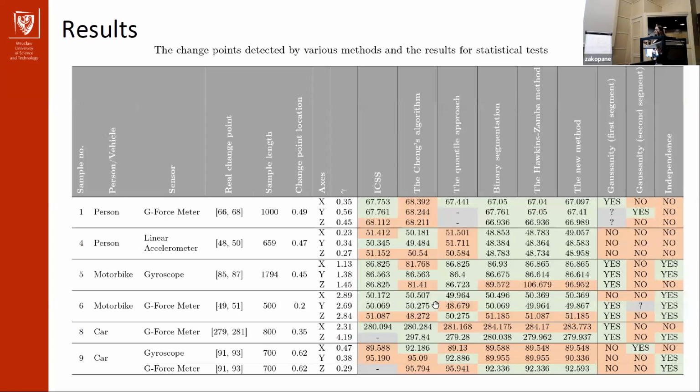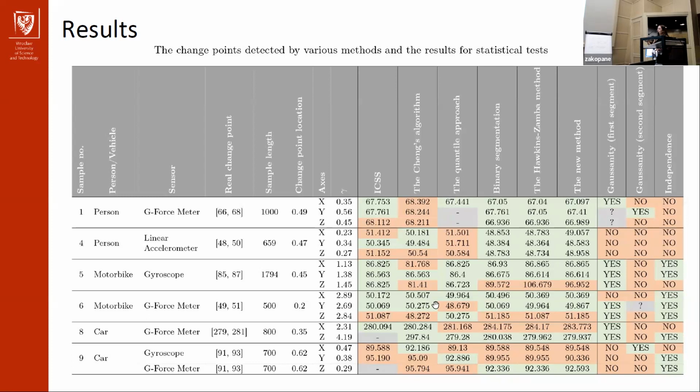Okay, and on the slide you can see the results for some samples. In the first part of this table, we have information about our samples: what sensor was used, in which period the real change point is, and so on. Next we have the results obtained using different algorithms, and at the end our new method.